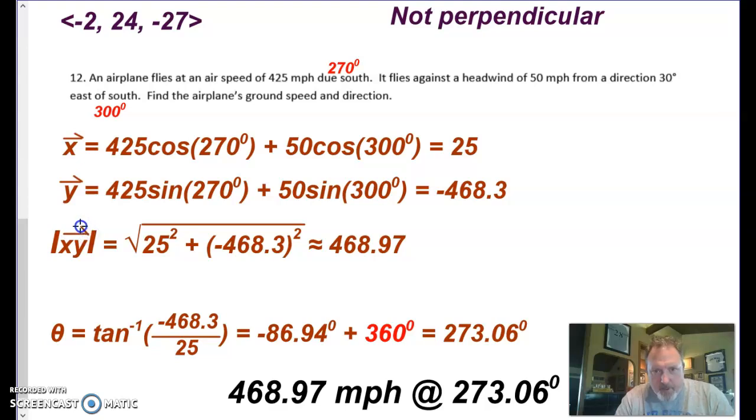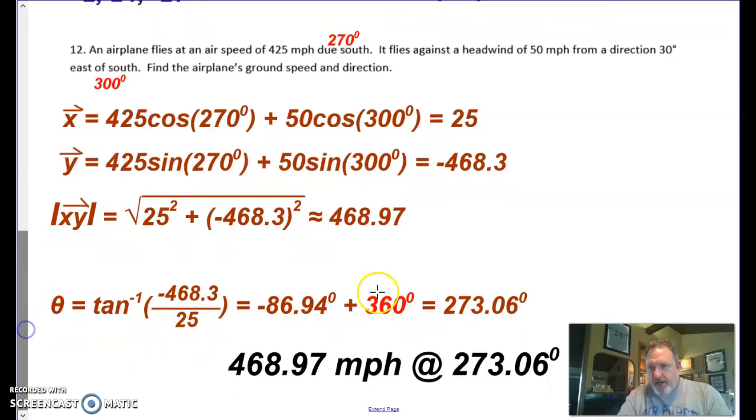So we find our x and y components. Once you have those two, you square them both and take the square root to get your magnitude. And we do inverse tangent to find theta. I get a negative theta here, so I got to add 360. So that's why it's 273.06. And again, we write our final answer, our miles per hour, at our magnitude.